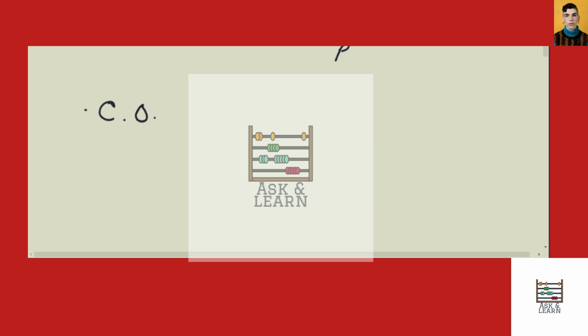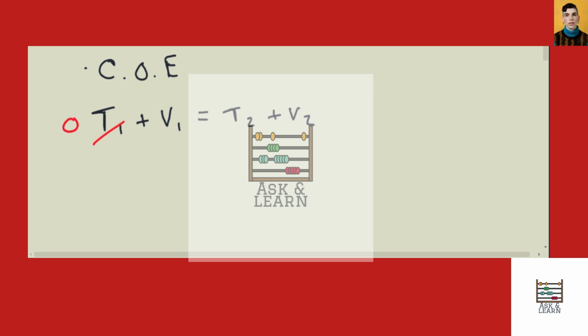So we can use conservation of energy, and that's the initial kinetic energy plus the initial potential energy is equal to the final kinetic energy plus the final potential energy. You know that initially the ball is at rest when theta is equal to 0 degrees, so the initial kinetic energy is 0.